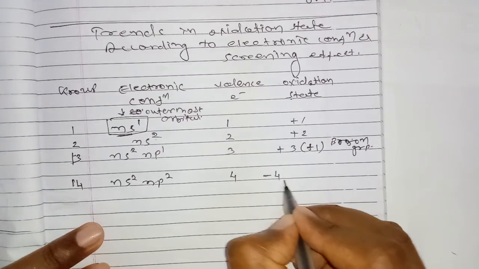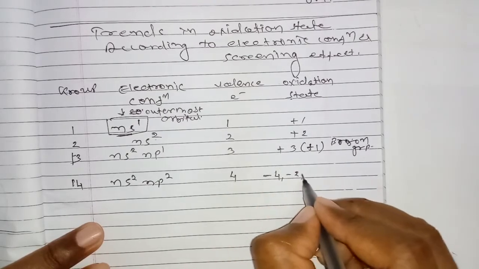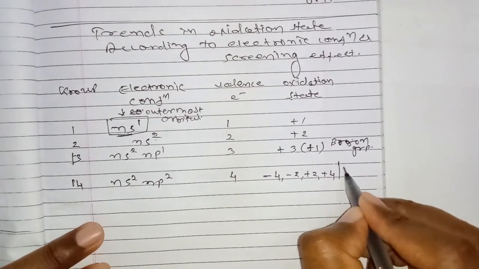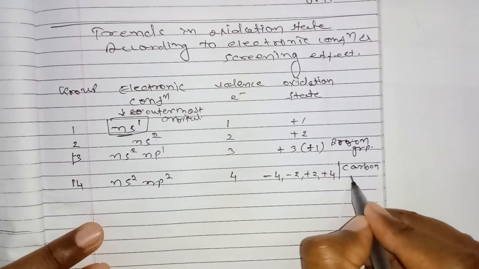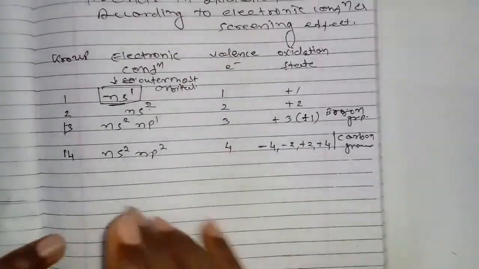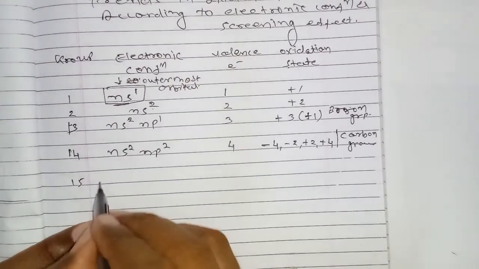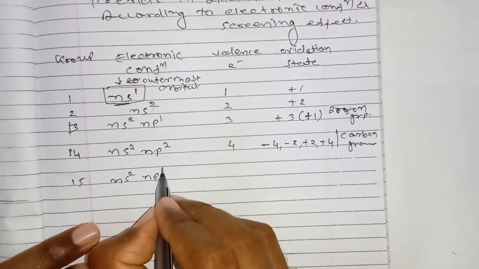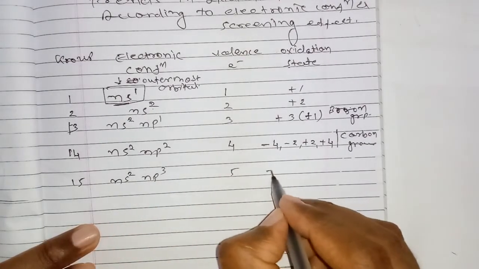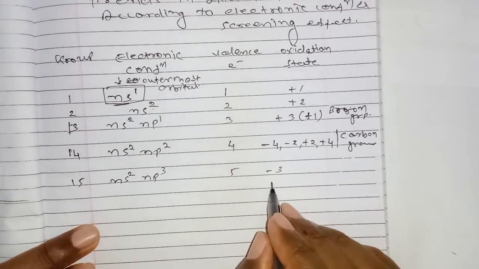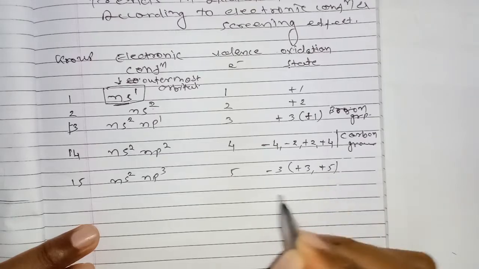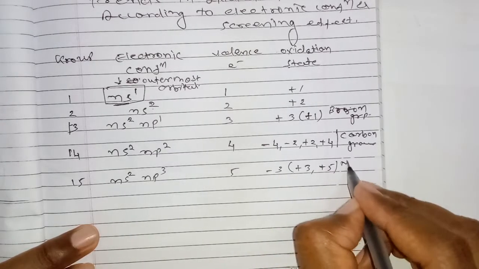The oxidation states are minus 4, minus 2, plus 2 and plus 4; this is the carbon group or carbon family. Group 15, ns2 np3, 5 valence electrons. The oxidation state is minus 3, or others are plus 3 and plus 5; this is the nitrogen family.